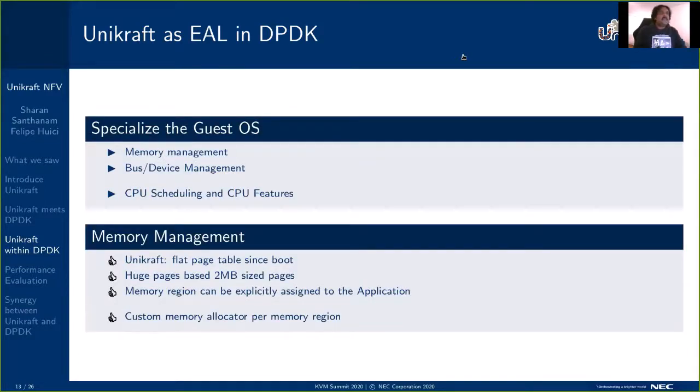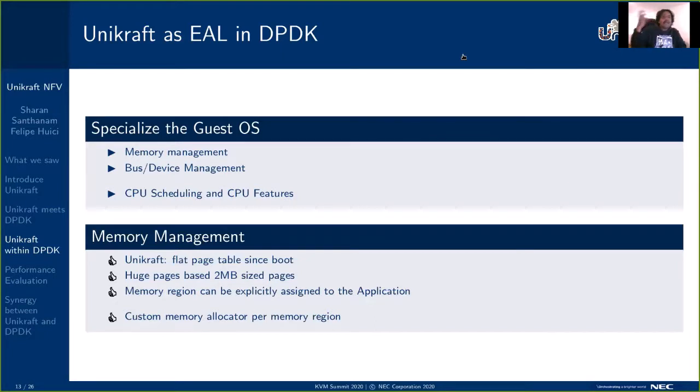In terms of the memory management system, what Unikraft provides is a static memory image where we have huge pages of 2 megabytes mapped into the first 1 gigabyte of the address space. Thereby we only support 1 gigabyte of memory, and we have a one-to-one translation between a PA and a VA, a physical address to a virtual address, within that of a Unikernel.